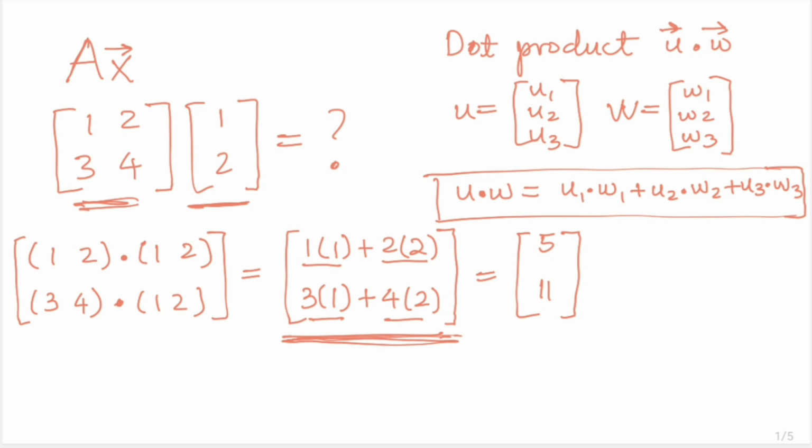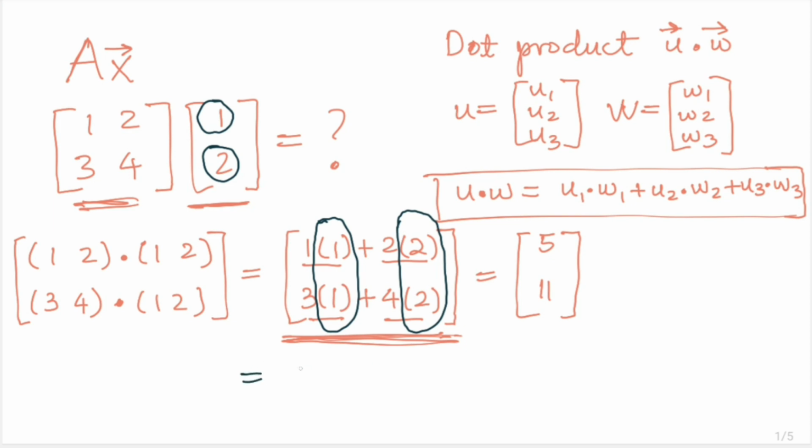Let me use a different color. When you look at this column and that column, what do you see going on? Here we have 1 and 2, and they are coming from this 1 and this 2.